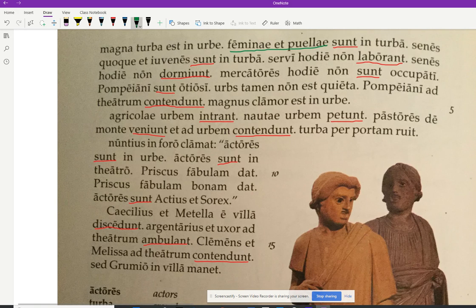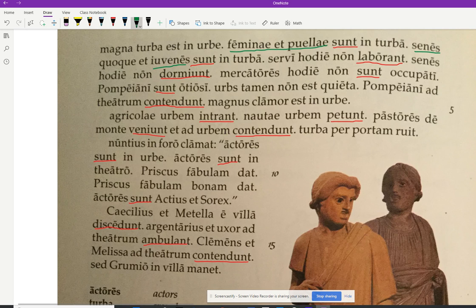So women and girls are, right? And we have sunt. So what? We have old men also and young men. Iuvenes. So senes et iuvenes. So old men and young men are, right? So ES, that is a nominative plural ending of what declension? Third, of course, right? Okay.